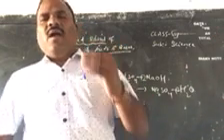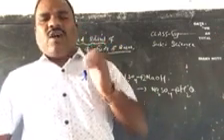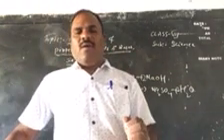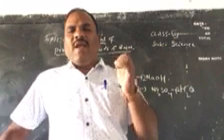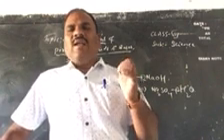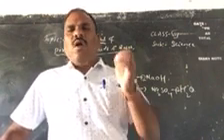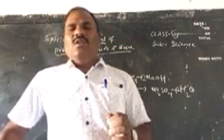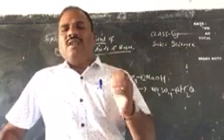Children, I repeat once again. Acidic salts are formed from a strong acid and a weak base. For example, HCl plus NH4OH, ammonium hydroxide, gives NH4Cl plus H2O. Basic salts are formed from a strong base and a weak acid. Example: NaOH plus CH3COOH gives CH3COONa plus H2O. Last one, neutral salts, are formed from a strong acid and a strong base.